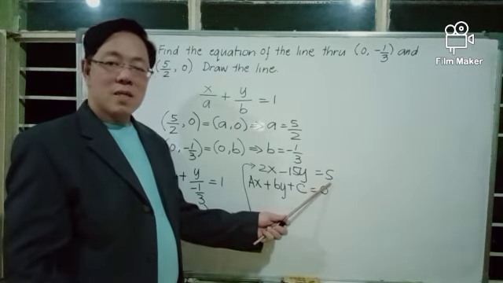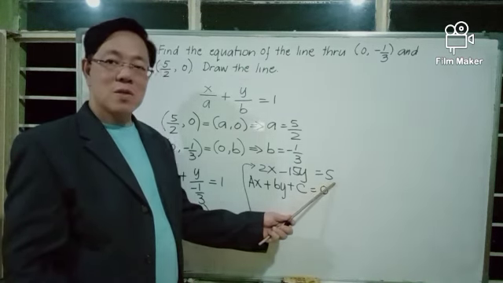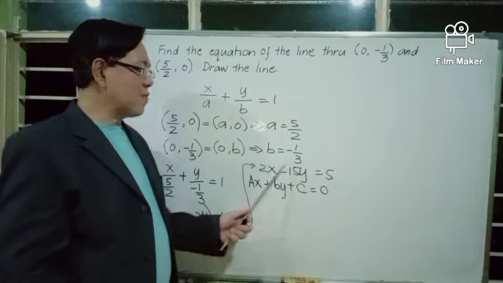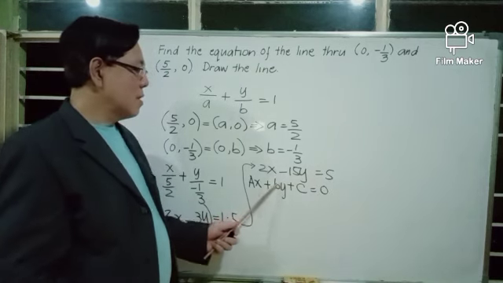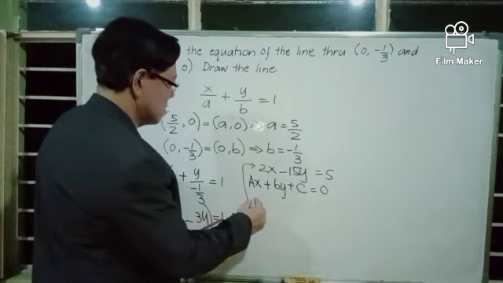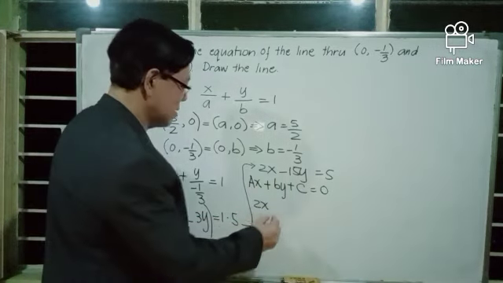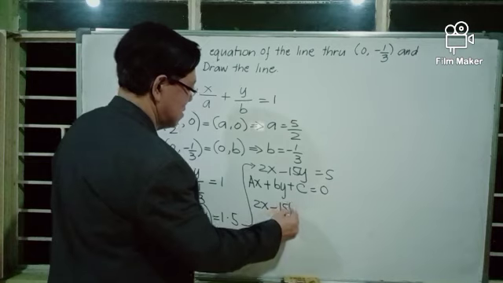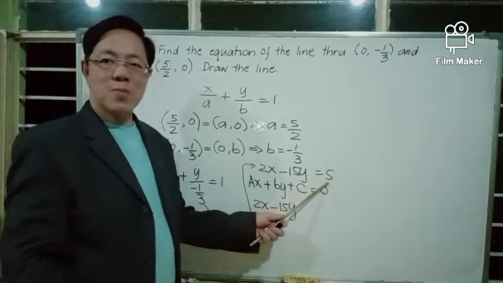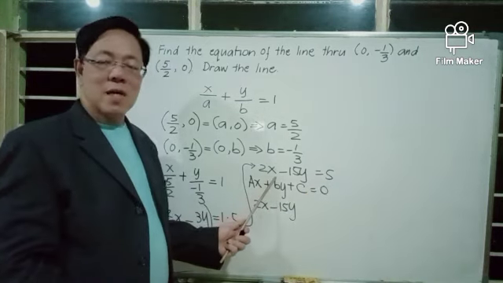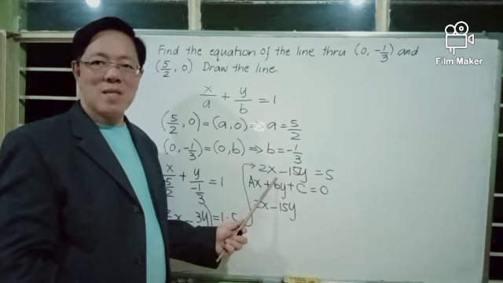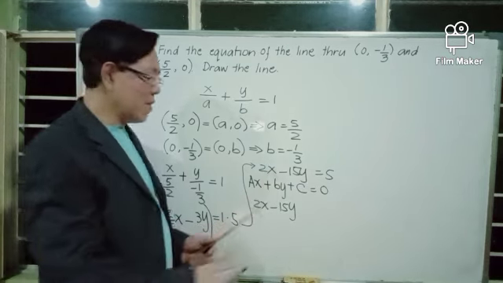And to make this side of the equation 0, we transpose positive 5 to the left hand side. We get 2x minus 15y. Transpose positive 5 to the left hand side, we take the opposite sign of positive 5, we get minus 5.